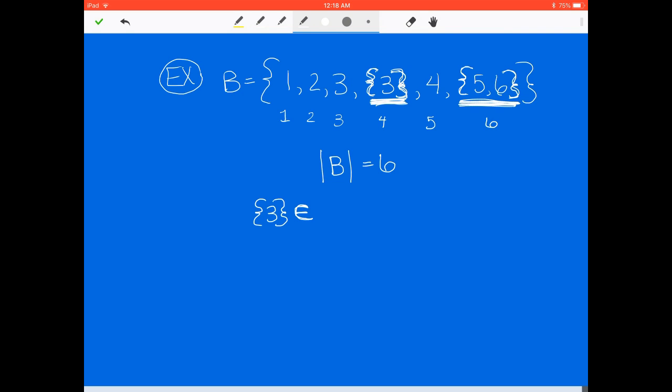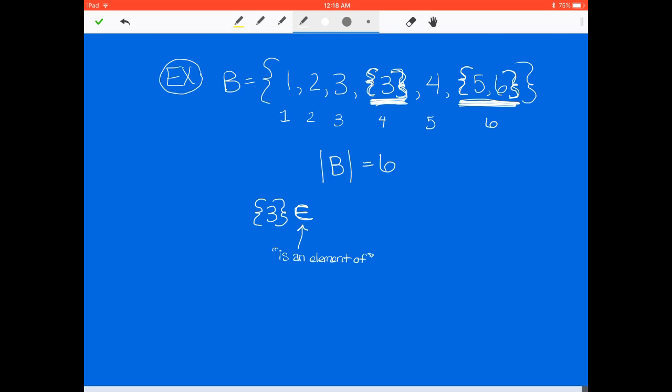It's kind of like a backwards E, but a curvy E. This means "is an element of." So that takes the place of that whole phrase.